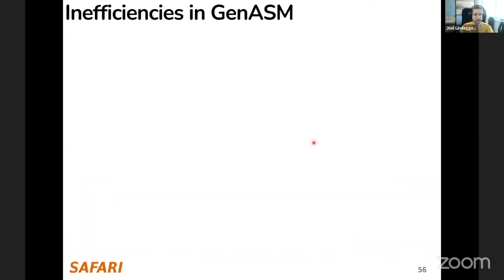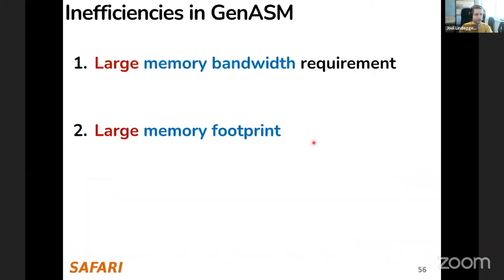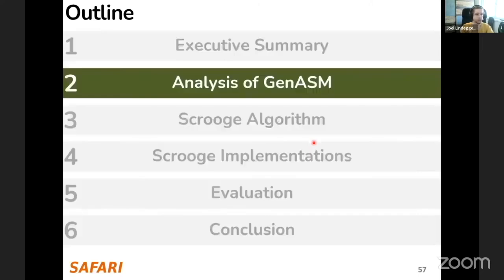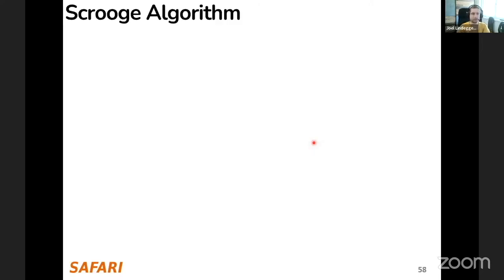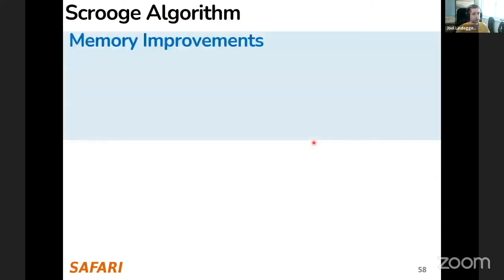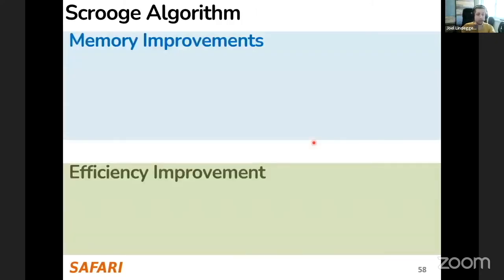Okay, so in summary, we have 3 inefficiencies in the GenASM algorithm: a large memory bandwidth requirement, a large memory footprint, and some unnecessary work. Okay, so to address these inefficiencies, we propose Scrooge. Scrooge consists of memory improvements and efficiency improvement.